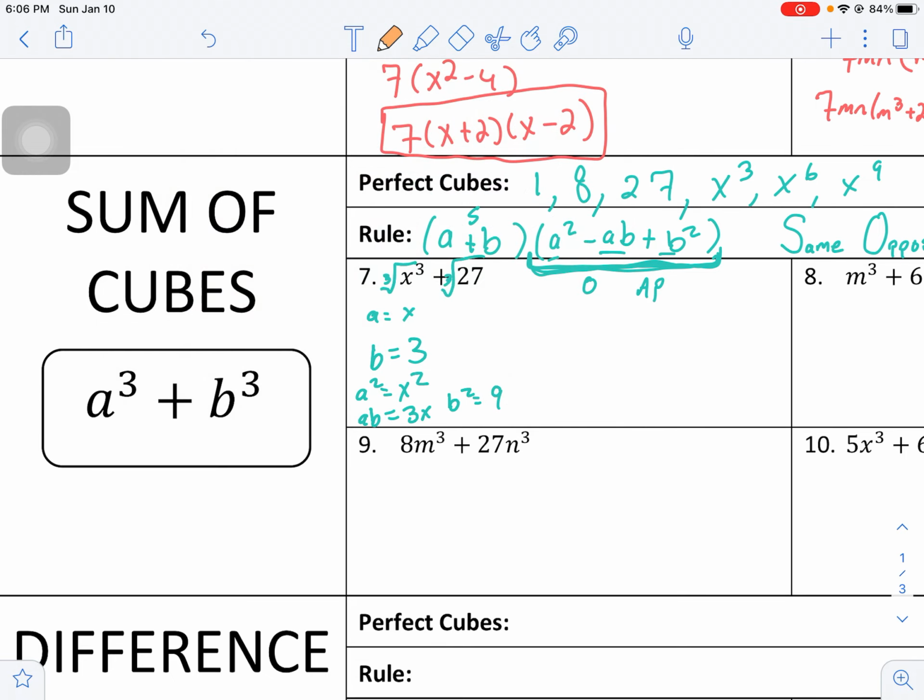So now we have all the tools to just fill in the rule. So we have x plus 3 multiplied by x squared minus 3x plus 9. And that's all there is to it. As soon as you know a and b, as long as you know SOAP, you can just fill in the rule.